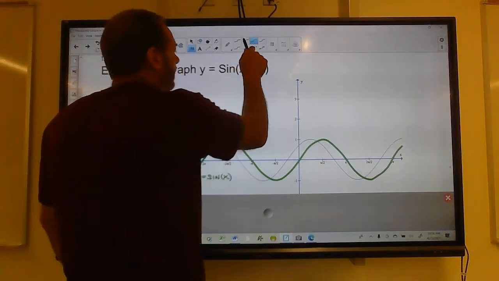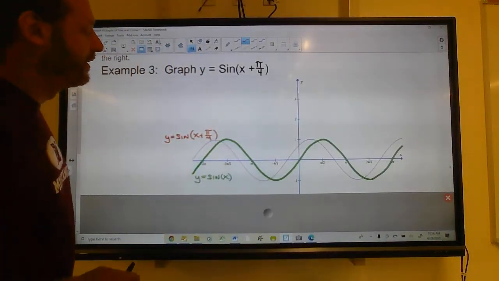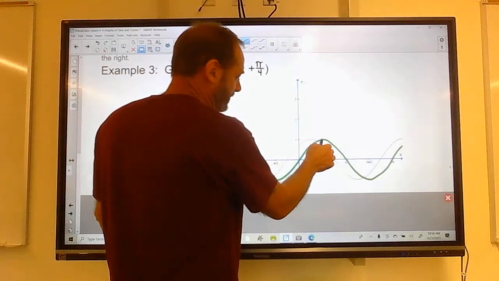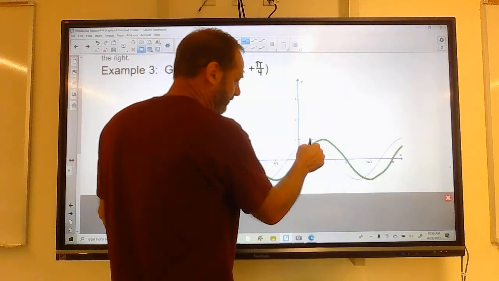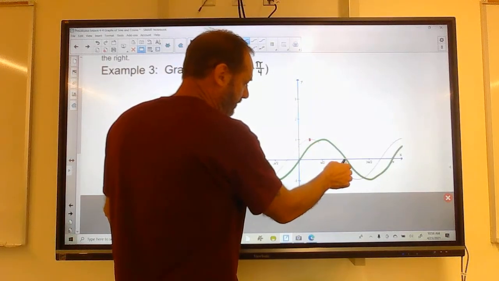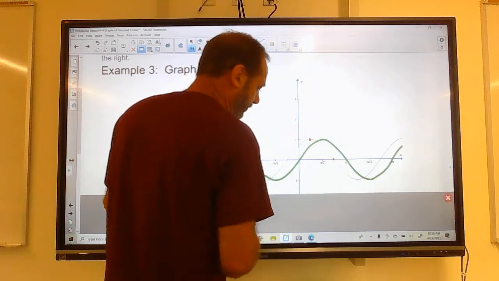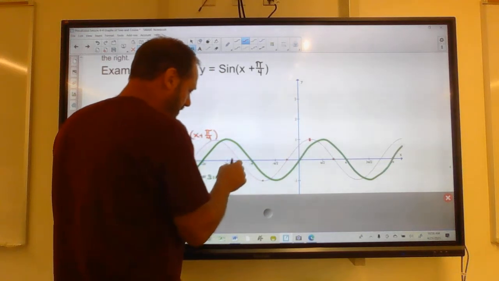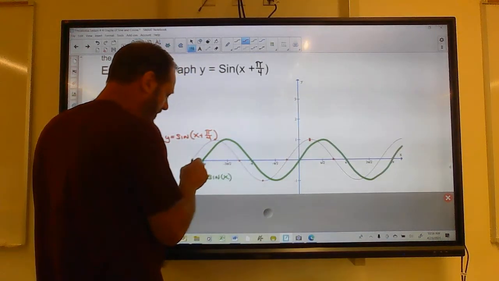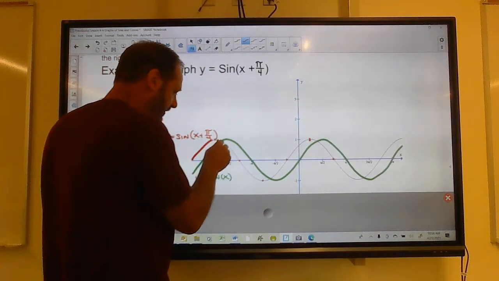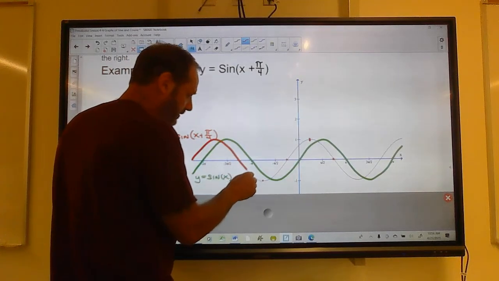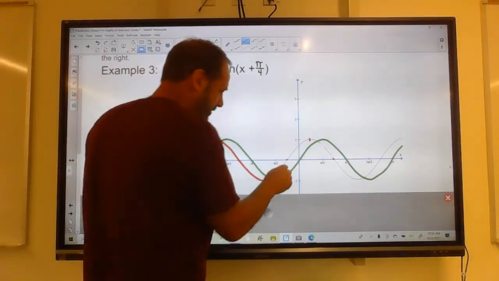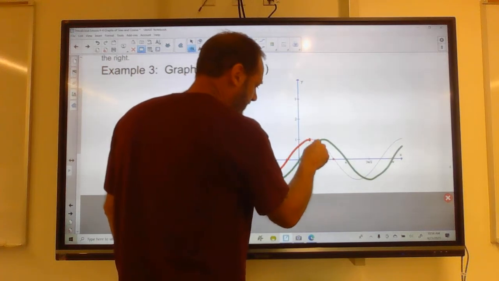And it's going to move all the key points pi over 4 to the left. So the maximum here is at pi over 2. This is going to be at pi over 4. The 0 is at pi, so it's going to be at 3 pi over 4. I would graph some of these key points just to make it easy to graph this thing, and then go through and fill in the gaps. So it just moved it slightly to the left.